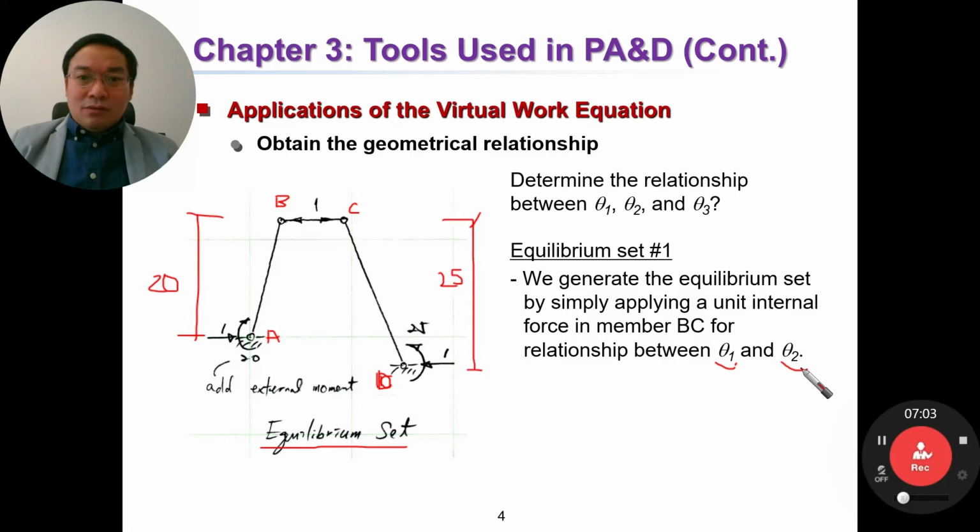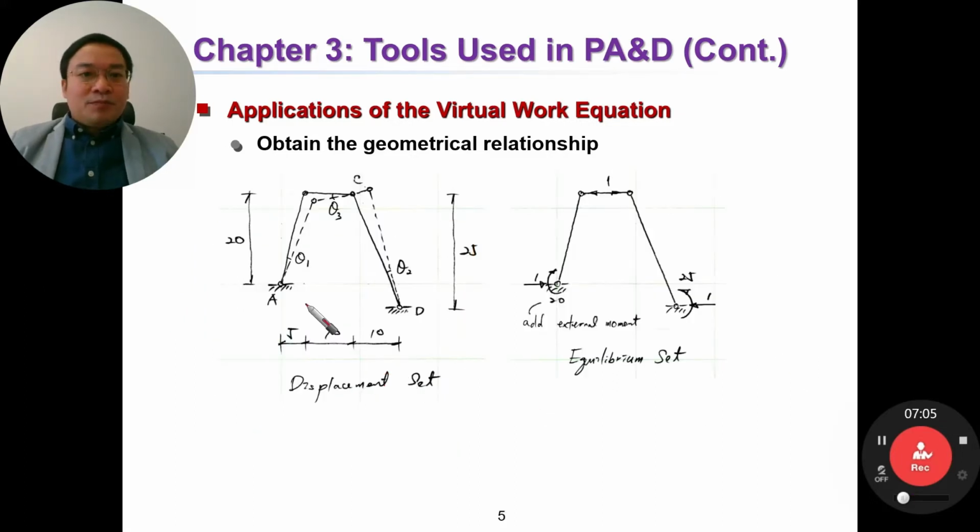Originally we have the displacement set, the original displacement set. Now we have to determine the relationship between theta 1 and theta 2, and it is equilibrium set number 1.